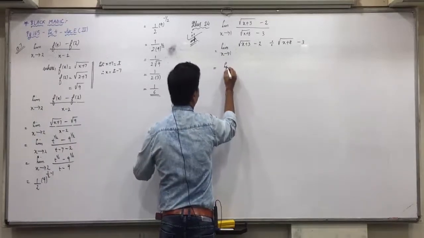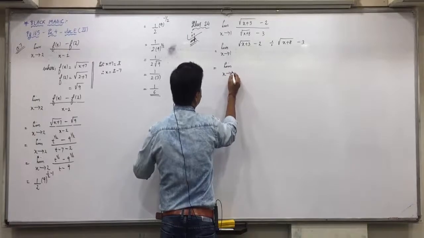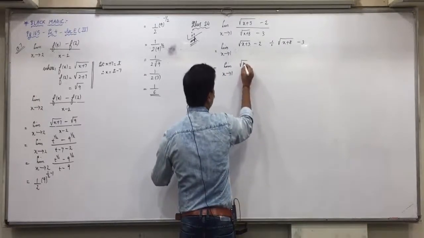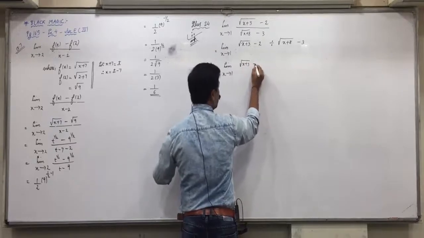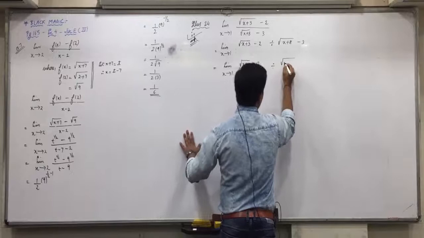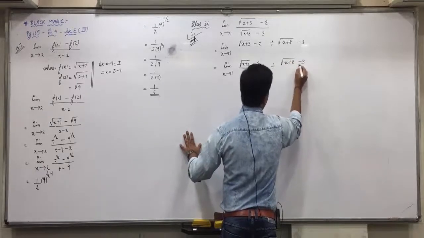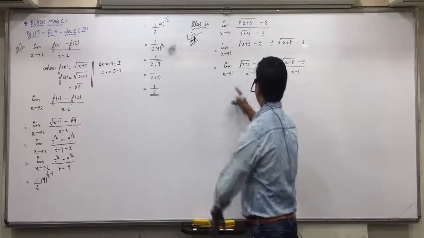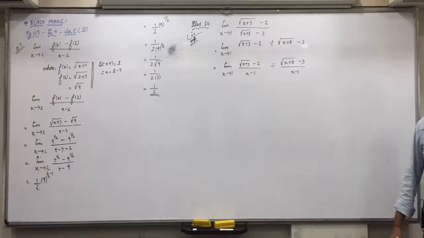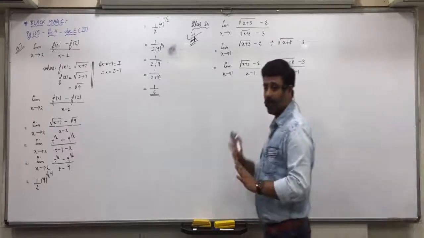Now, limit x tends to 1. Okay, x tends to 1, so root of x plus 3 minus 2 upon x minus 1 divided by root of x plus 8 minus 3 upon x minus 1. X tends to 1. So both of them are divided by x minus 1. Will the answer remain the same or not?